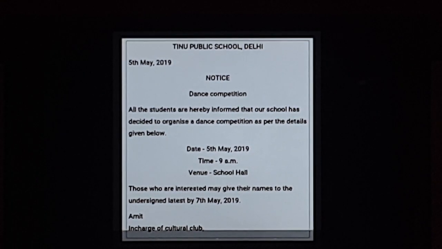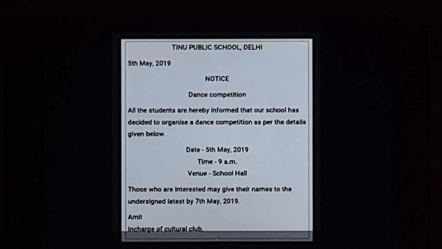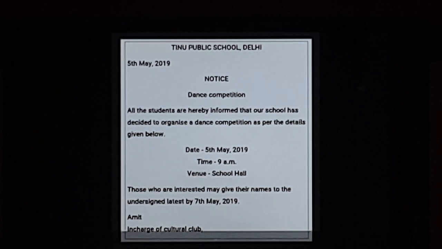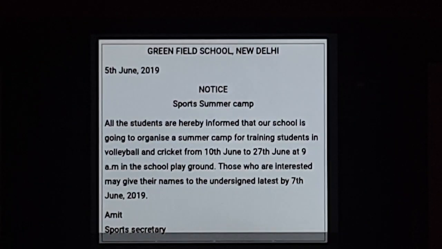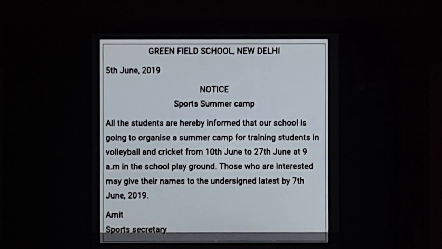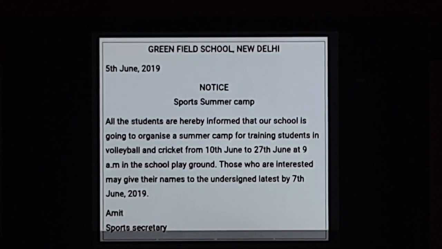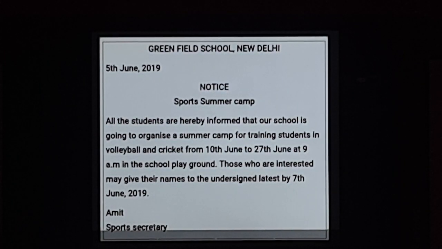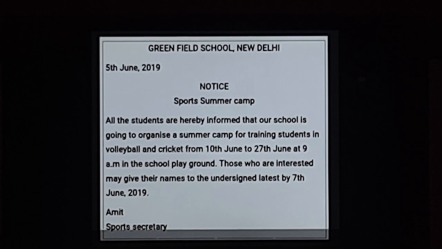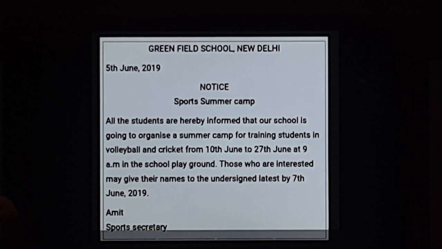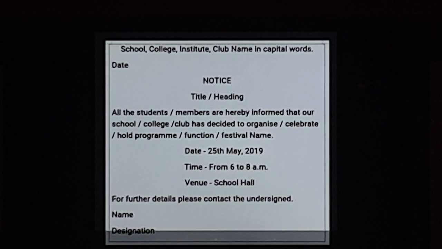So if it is a notice where we are announcing something, you are writing your date, venue and everything there. Like I said, you can make some changes also. Name of the organization, then the word notice, and alongside that notice you can write the date also, and then the subject of the notice, then the body of the notice, and last is the signature with name, after that the designation.